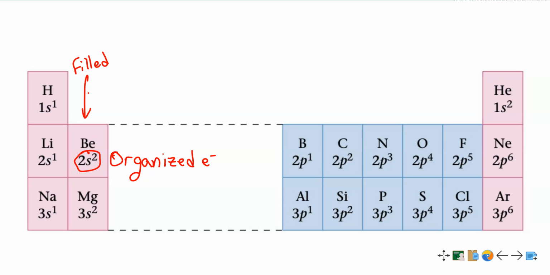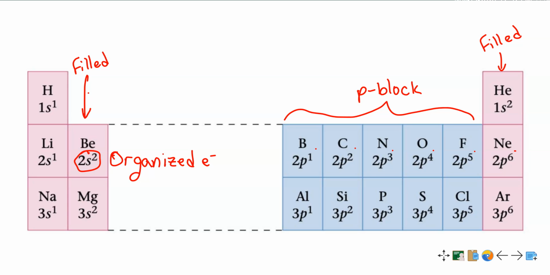Remember, the S sublevel can only hold 2 valence electrons. And if we go over here to what we affectionately called the P block, you notice that it goes 1, 2, 3, 4, 5, and then we get to this 6, and that represents a filled sublevel.